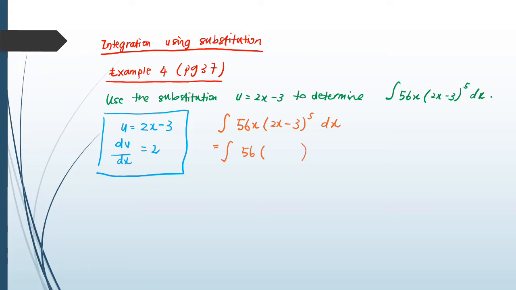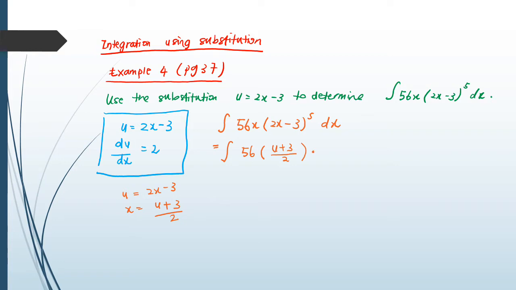How are we supposed to do that? Let's do this on the side. u equals 2x minus 3. If I rearrange, I should get x equals (u plus 3) divided by 2. Hence, (u plus 3) divided by 2 is what you plug in there.